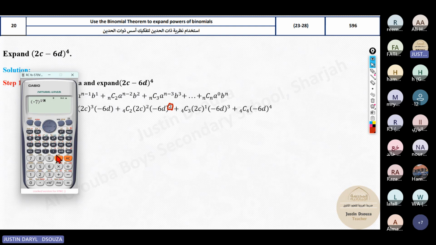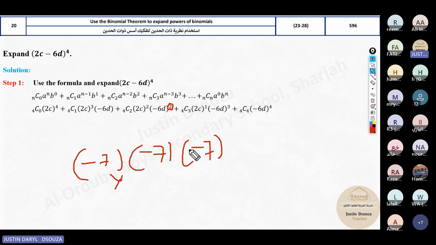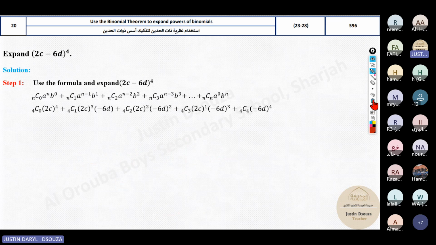But take any even number, 4, the negative sign dissolves. Or any even number, 6 or any number. Why? Because whenever it's even, the 7 will be multiplied an even number of times, and the negative dissolves. Whereas if it is an odd number, there will be one extra value. Here this will become plus, but this will remain minus. Plus and minus sustain. That's the reason.